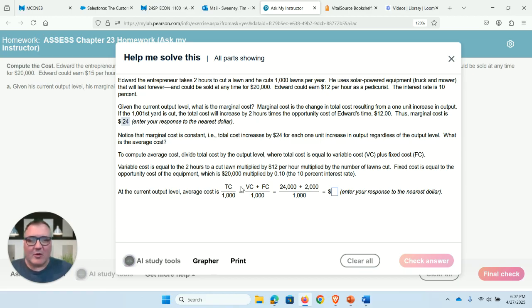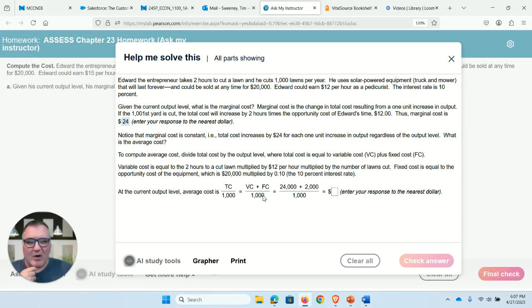So his total cost of the 1,000th unit, because that's where we're at, is what they're asking you to compute. The total cost of the 1,000th unit is the variable cost plus the fixed cost. So the total variable cost is constant.